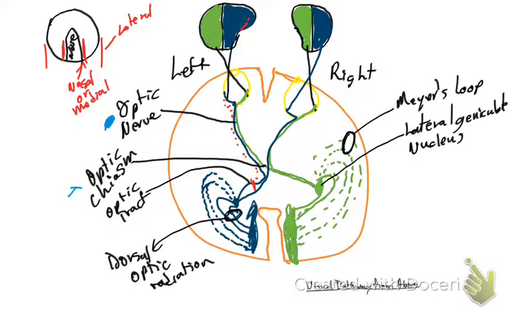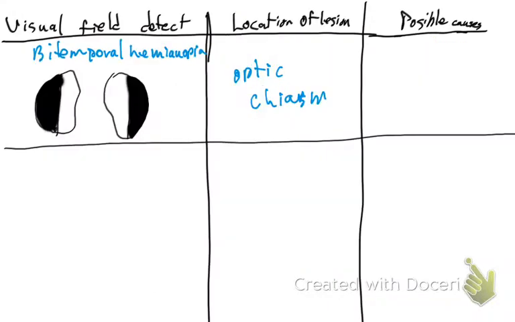It's the place where the fibers cross. So on the optic chiasm you can get bitemporal hemianopia because of a lesion. But what can cause this? Well, there are different causes. For example, any tumor of the pituitary gland.